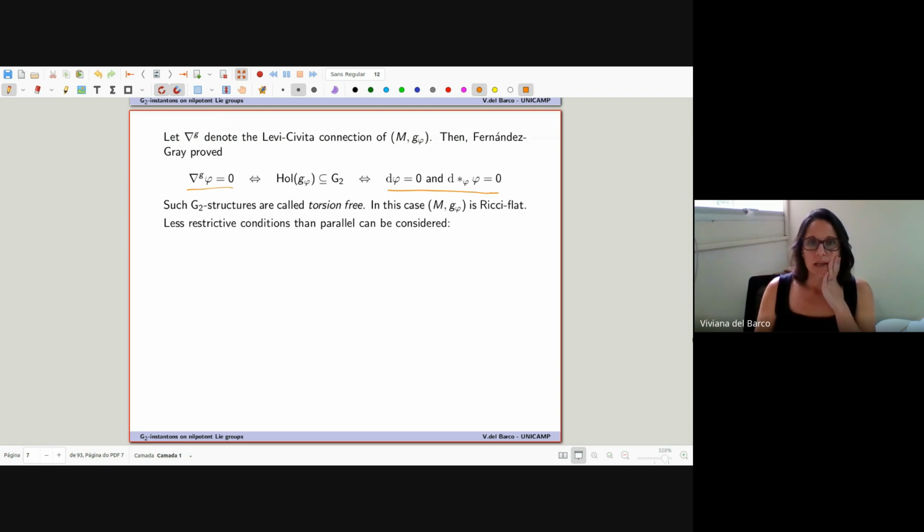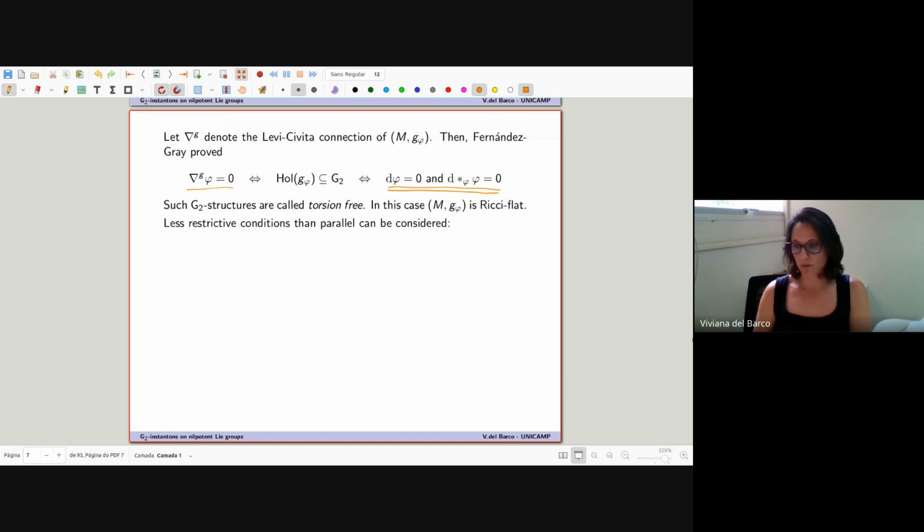But this characterization, well, the G2 structures which are parallel with respect to the Levi-Civita connection are called torsion-free, and in this case, the manifold is Ricci-flat. But I wanted to mention this characterization because this second term gave rise to other studies as well.